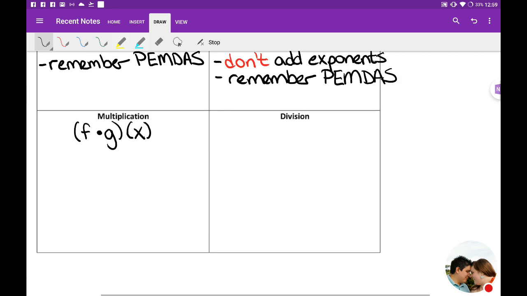Now I would prefer that you use the boxes to multiply. If you absolutely insist on just distributing, just be careful and make sure that you distribute every term in the first one to every term in the second one. But it is very easy to get lost in that.